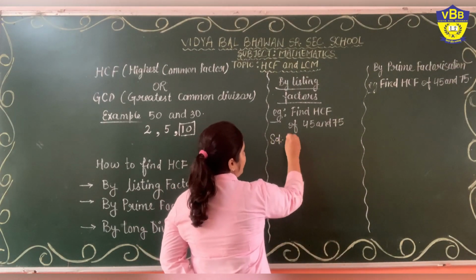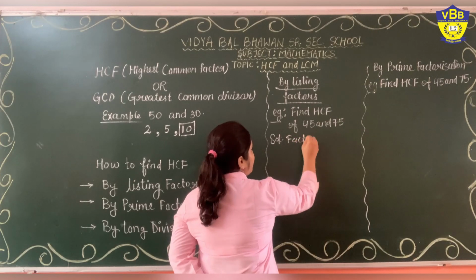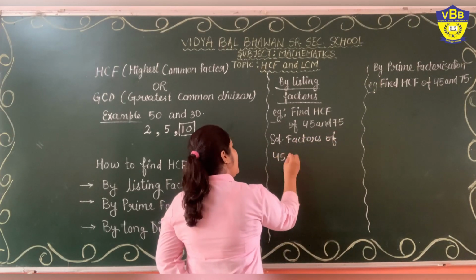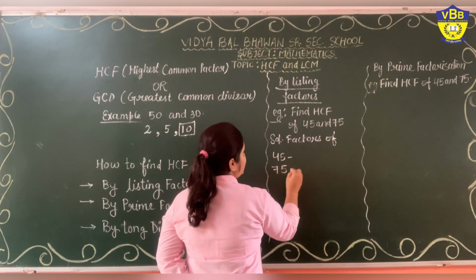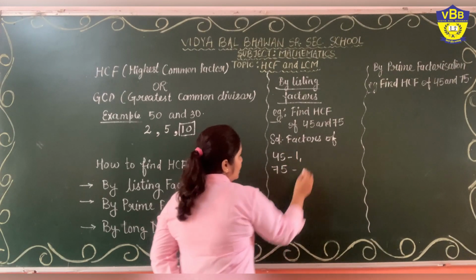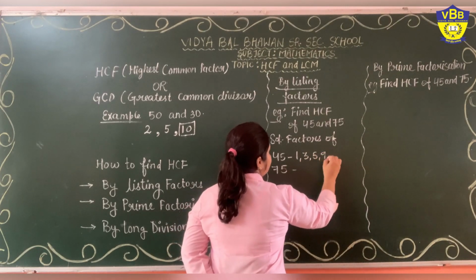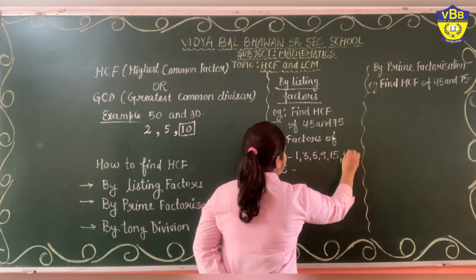We will write the factors of 45 and 75. The factors of 45 are 1, 3, 5, 9, 15 and 45.